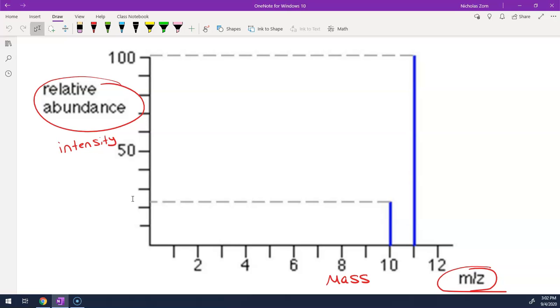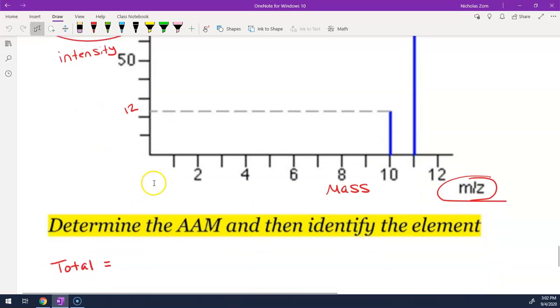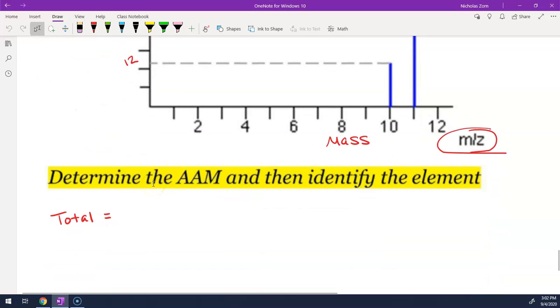Okay. So let's look at 10. So for 10, we have an intensity of about 12, and for 11, we have an intensity of 100. So we need to first find out our total. So we have an intensity of 12, and we have an intensity of 100. So let's add those numbers up. So 100 plus 12 gives us a total of 112.